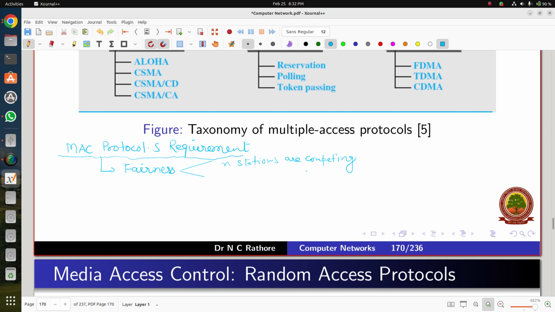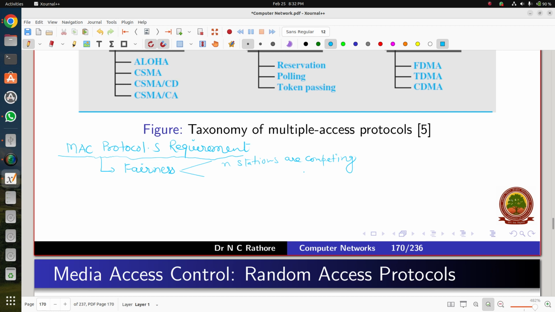There may be more than one party that wants to use the channel, so they are competing for getting the channel. Everybody should get a fair chance. It should not be that some stations get certain preferences and some do not. There may be a set of stations that usually easily get access to the channel, while some may not be able to get access. So if a protocol doesn't support fairness, then the protocol may not be useful for you. However, sometimes you may want to compromise fairness.